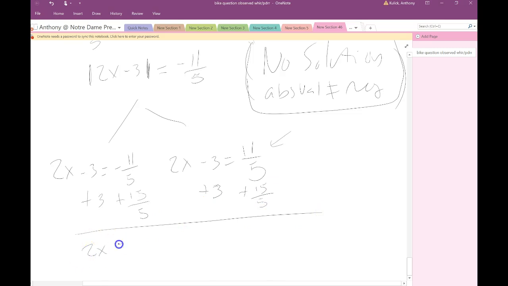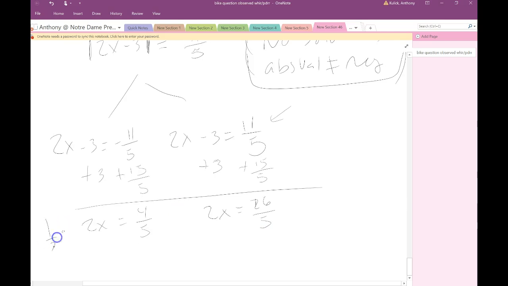So 2x is equal to 4 over 5. And 2x is equal to 26 over 5. And then we can divide by 2. I'm going to think about it as multiplying by a half, though. Again, just because multiplying the fractions is easier, so that gives me 2/5, and that one would give me 13/5.